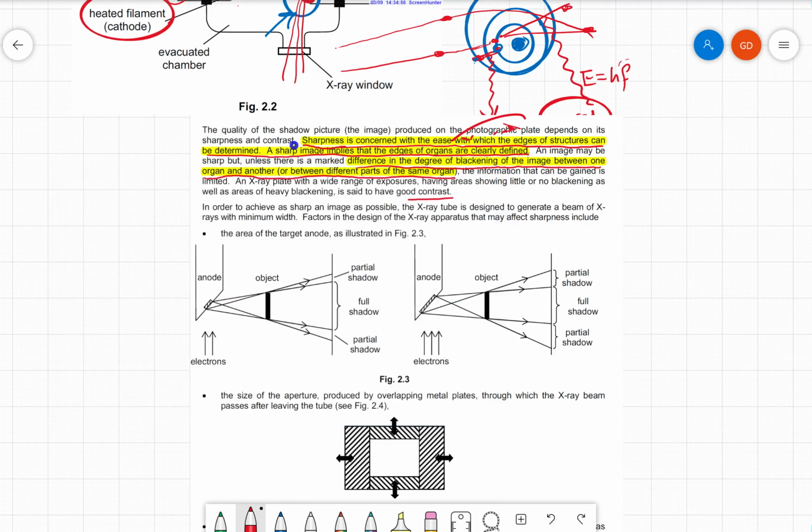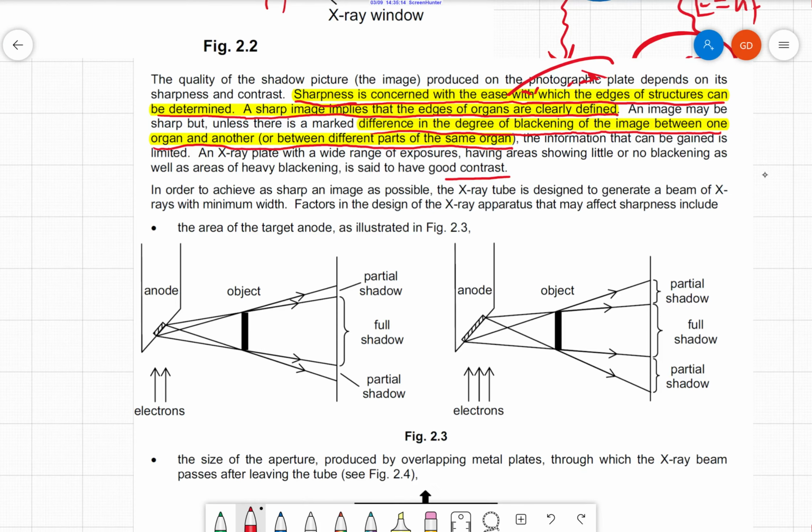let's remove this. Okay, now regarding the sharpness, sorry, how can we make it better? Yes, ways to improve the sharpness.